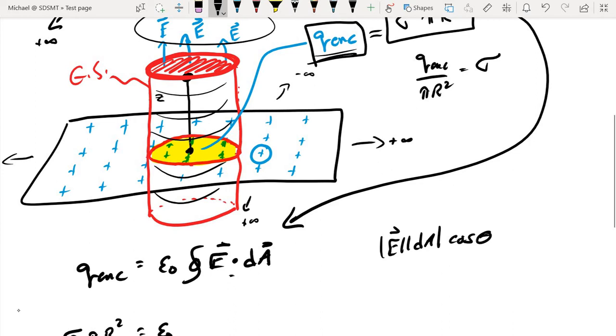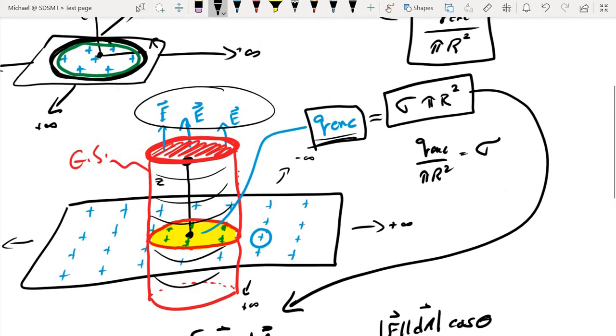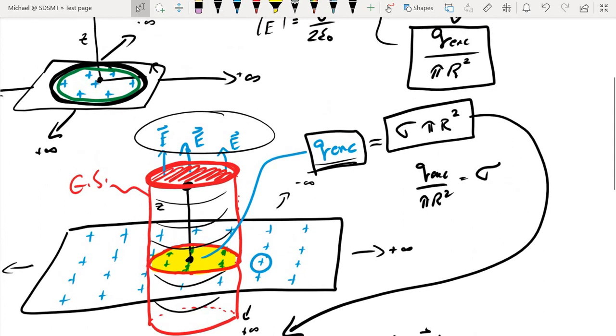Our dot product is hiding a cosine relationship. That cosine is relating the angle between the electric field vector and the area vector. We can see the electric field vector is pointing straight up, while the end cap of our cylinder, which way is that pointing? Which way is it facing?